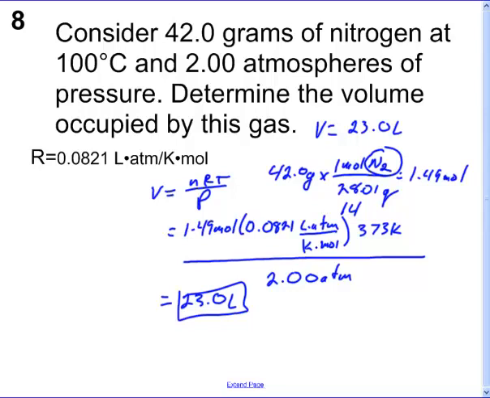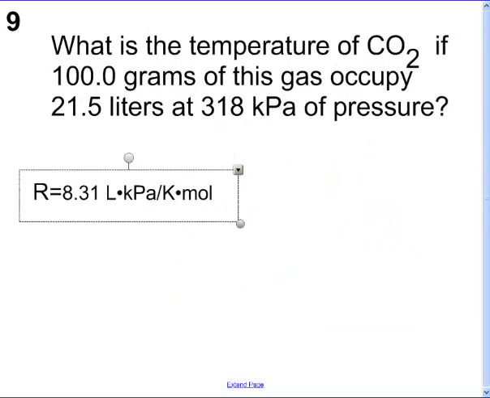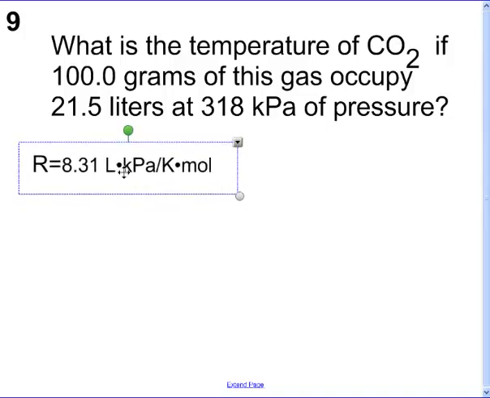Let's try one more. Again, like last time, go ahead, pause the video, try to do this problem all by yourself, and see if you get the right answer. Okay, how'd you do? Does your temperature equal 362 K? I hope so. All right, let me show you how I would do it.